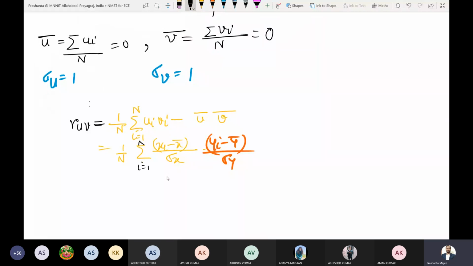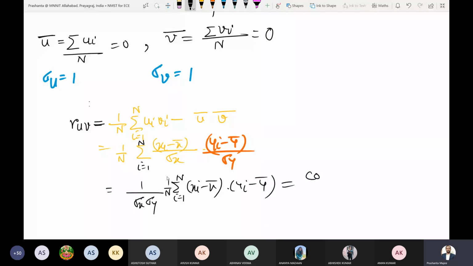Sum is from i equals 1 to capital N. So it is 1 by sigma x sigma y, 1 by N summation i equals 1 to N, x_i minus x bar into y_i minus y bar. So this is the covariance of x values and y values by sigma x sigma y.